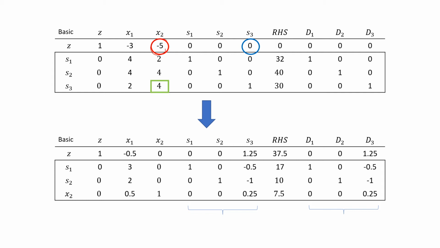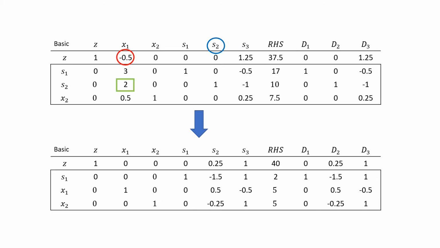This is when you just use the rules for the simplex method. Note again, after you do it, your S's and your D's, your slack variables and your difference variables, have the exact same values. So as you go through this simplex tableau, those columns are going to be the exact same at every step of the way. We can run another iteration.